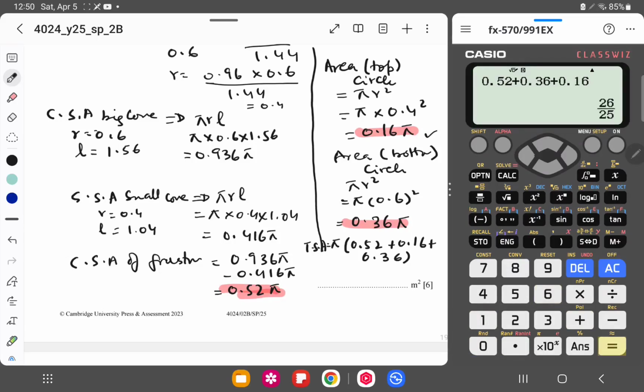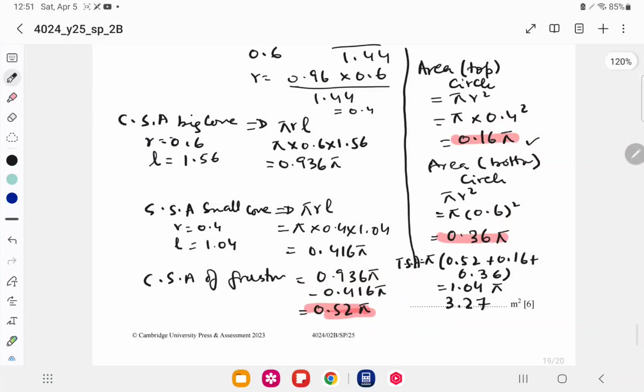So we are getting 1.04 pi. Multiplying by pi, it equals 3.27 square meters, which is the answer.